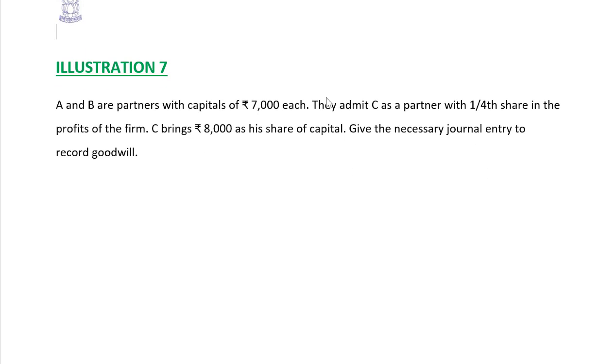Next question, illustration 7. A and B are partners with capitals of 7000 each. They admit C as a partner with 1/4 share in the profits of the firm. C brings 8000 as his share of capital.